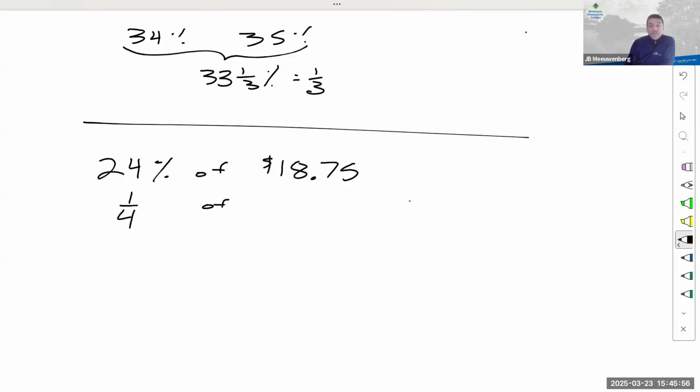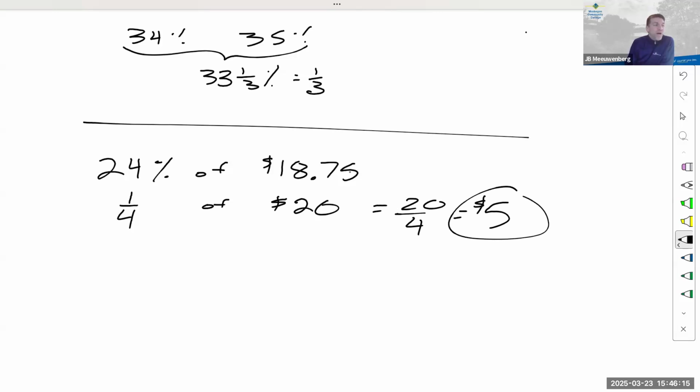And then $18.75 is fairly close to $20. And then you're left with 20 divided by 4, which you can do in your head to make 5. It's close, right? It's, again, an approximation. Okay, so this would be approximately $5.